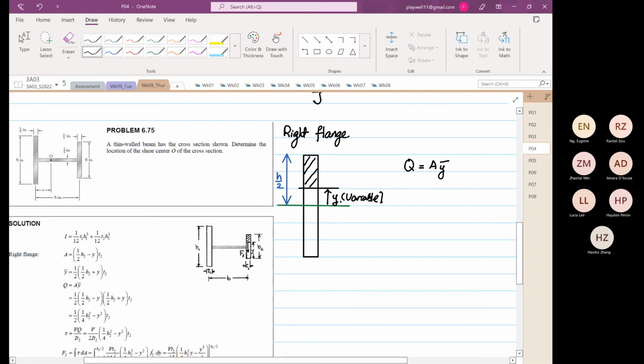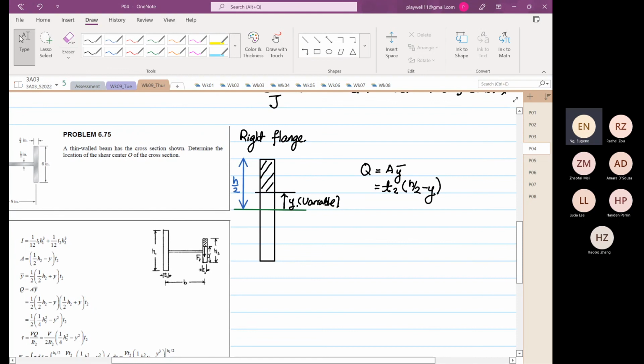So the width is T, I think they call it T2 over here. Yeah, T2. And the height is h/2 minus y. So that is the area. And then the y bar is h/2 plus y multiplied by half.